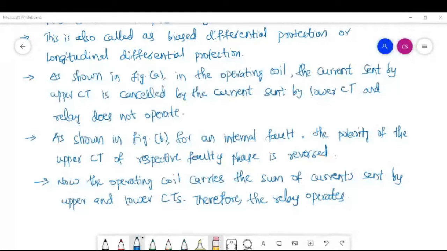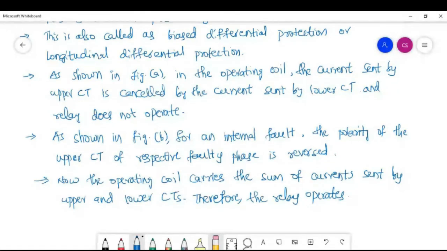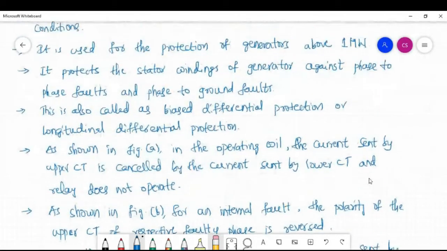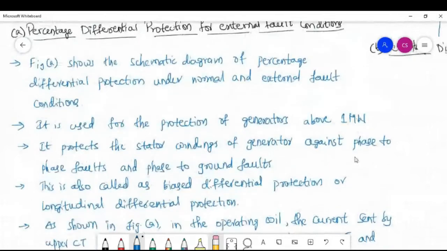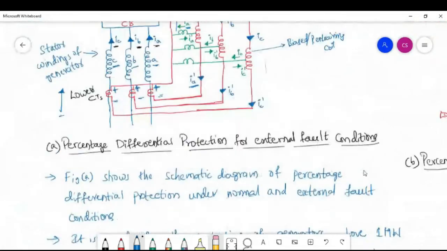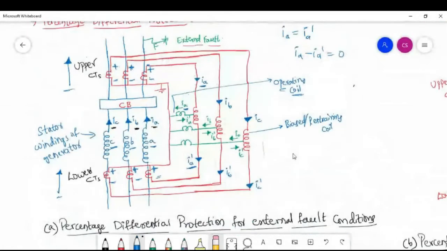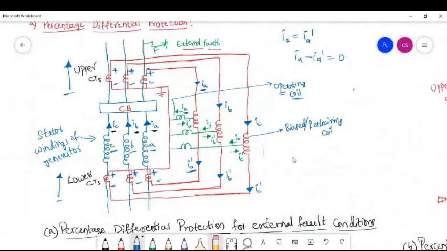Are all of you following? First of all, have you understood the circuit diagram or schematic diagram explanation? Do you have any doubt? Can I move on? I thought that it is the same concept we have discussed in the circulating scheme. Is there any doubt? You can ask me, both for normal conditions and for internal fault conditions. Please go through the circuit diagram again.